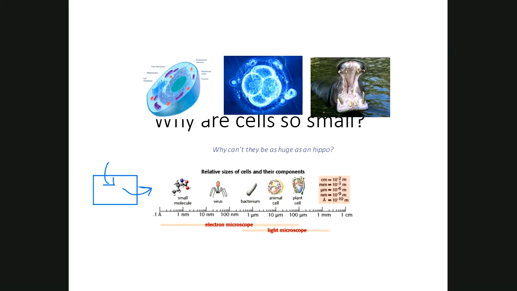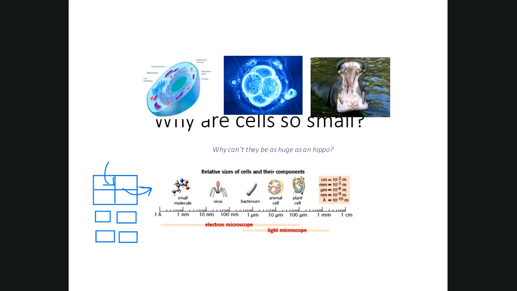So if you take this cell right here, and now you divide that cell up into fourths, now you have 4 different individual cells that are much smaller. So now let me draw 4 small boxes that are cells smaller in size.